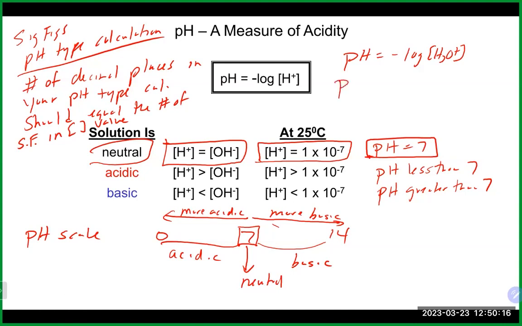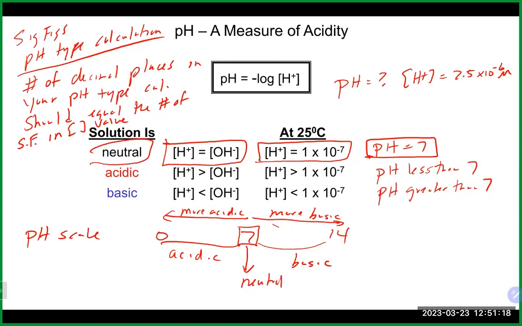What is the pH of a solution that has an H plus concentration of 2.5 times 10 to the minus 6? Calculate that up and see what you get. I will as well, since I just made it up. Hopefully we'll end up in the same spot.